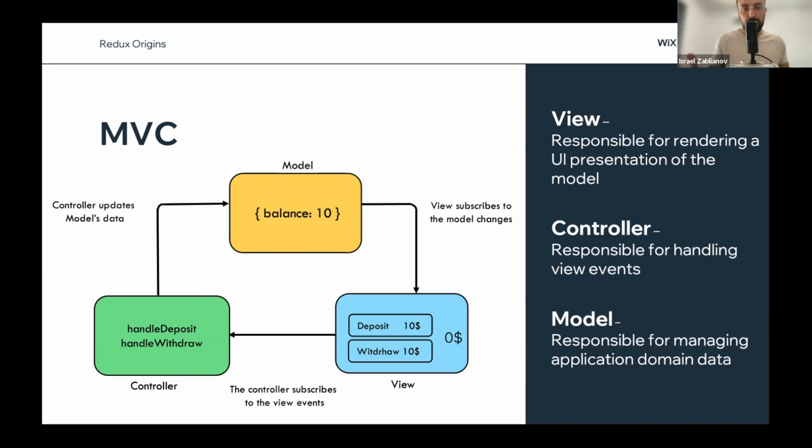And the balance in our case is changed from 0 to 10. Next, the model takes this data and notifies the view that the data has changed. The view takes this data and renders the new data to the screen. In our case, the balance is changed from 0 to 10. And this is the simple explanation of the MVC pattern.